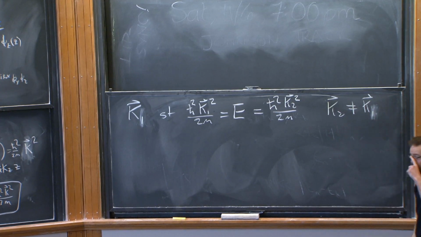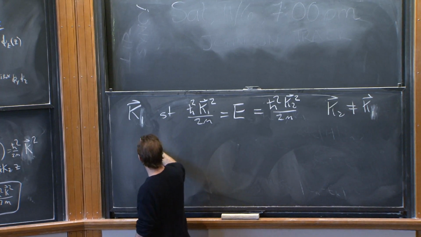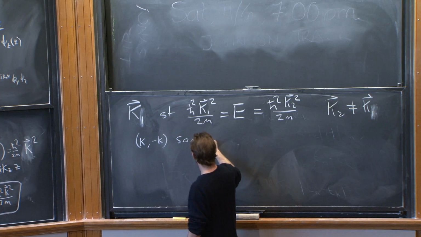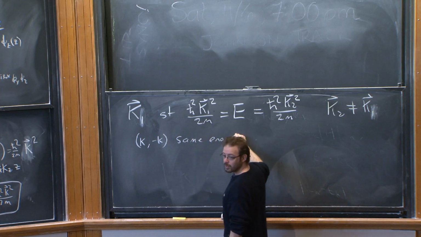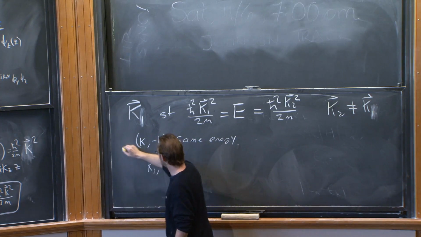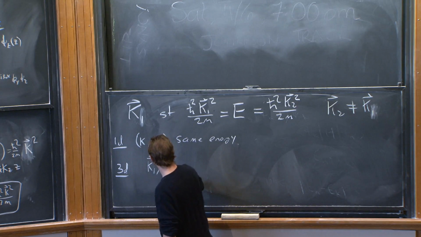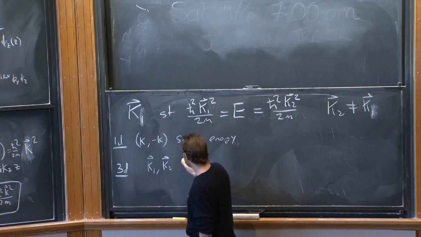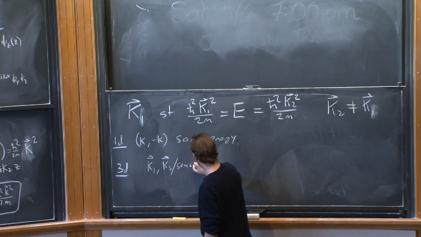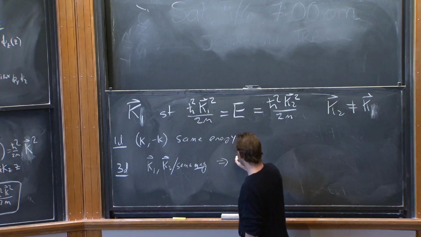Right? So that's interesting. That looks a lot like before. In 1D, we saw that if we have k or minus k, these have the same energy. Now, in 3D, if we have k1 and k2 with the same magnitude, then the same energy.